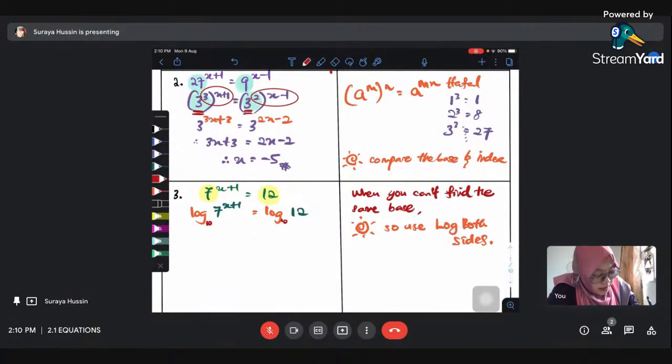Okay, so now what I will do is that I will apply formula to bring this power down. Saya mengapply formula x plus 1 going down. Tinggallah (x plus 1) darab log 7 di belah kiri. And here remain the same, log 12.